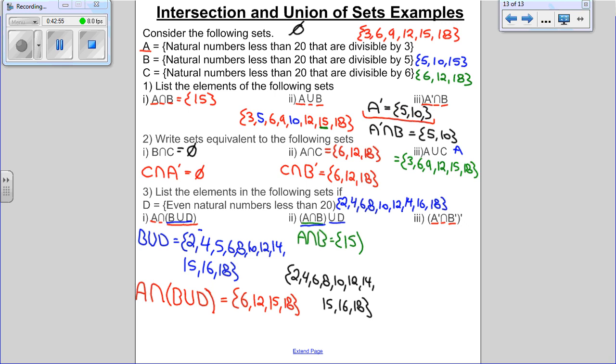There's nothing in that set. Not A had the numbers 5 and 10. Not B included a whole bunch of numbers, but it wasn't allowed to include 5 and 10.